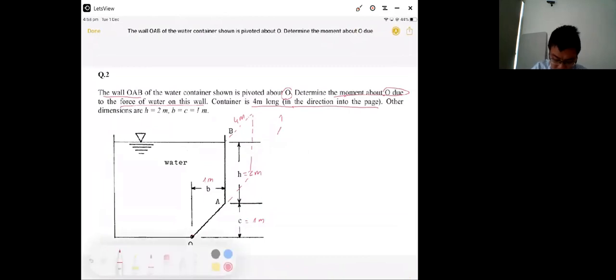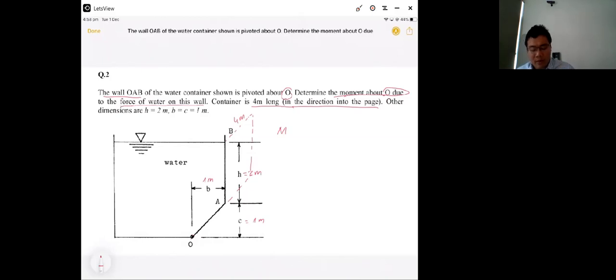Moment about O due to the force of water on the wall OAB. You have wall OAB, so in this way, it's up to you. You have two ways to give a solution in this case.